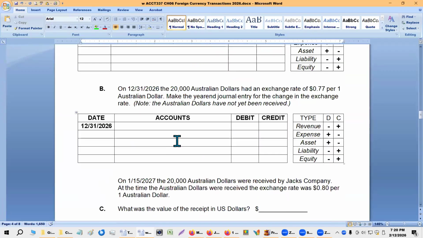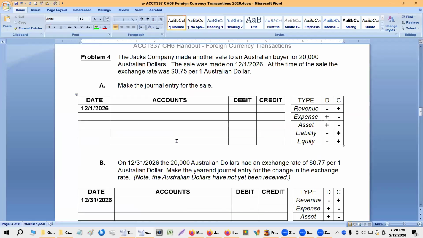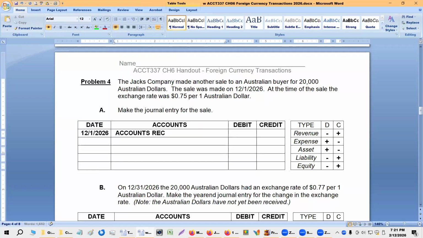Okay, this next one is going to be a little bit different. Starts out exactly the same. So let's do the easy part. Okay, so we have accounts receivable.